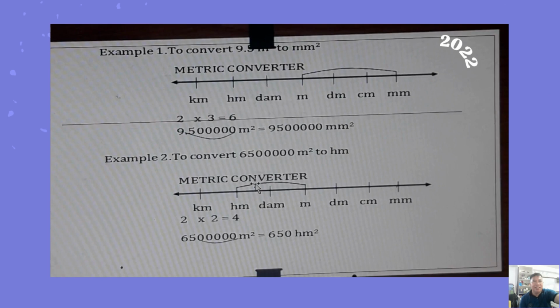That means to say that you are going to move the decimal point 6 times to the left of the given number.